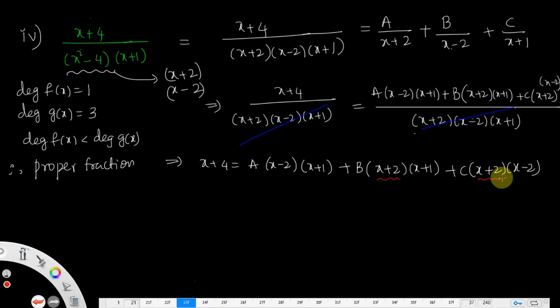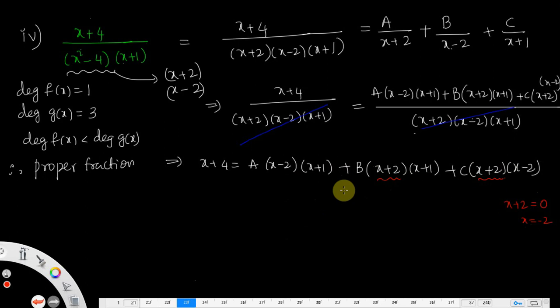So make x plus 2 equal to 0, then x equal to minus 2. Substitute minus 2 here, minus 2 plus 2 becomes 0, 0 into the b term, the total term becomes 0. And here also minus 2 you can substitute, then the c term becomes 0. So both are 0, then you get the value for a, that is enough.